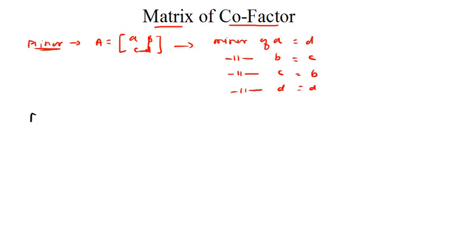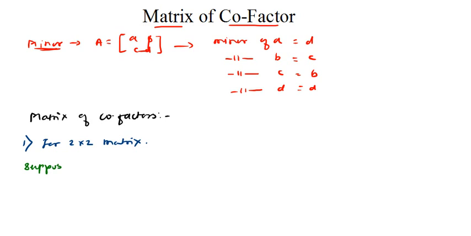Now we will understand what the matrix of cofactors means. Firstly, we'll see how to find the matrix of cofactors for a 2 by 2 matrix. Suppose we have a matrix of order 2 by 2 given by a11, a12, a21, a22.